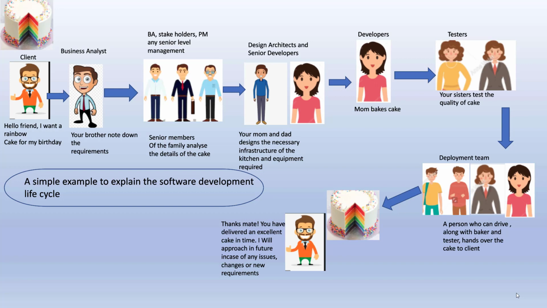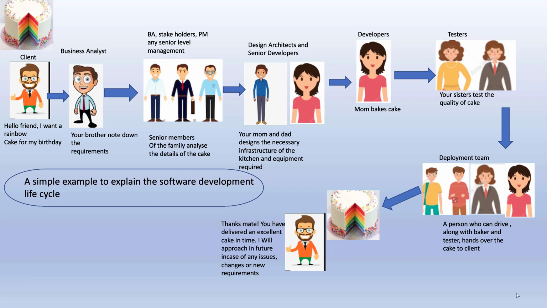If we compare the same set of details that happen in the software industry as well, we can say that this is exactly what happens in the software development lifecycle as well. We don't drive the software to the customer, but we will be deploying the end product to the customer.